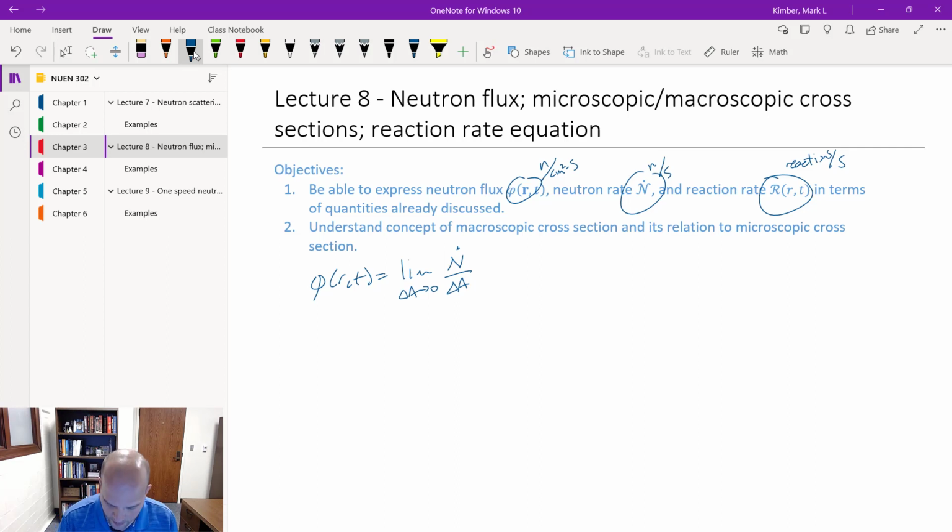So the correct label here is a scalar flux.